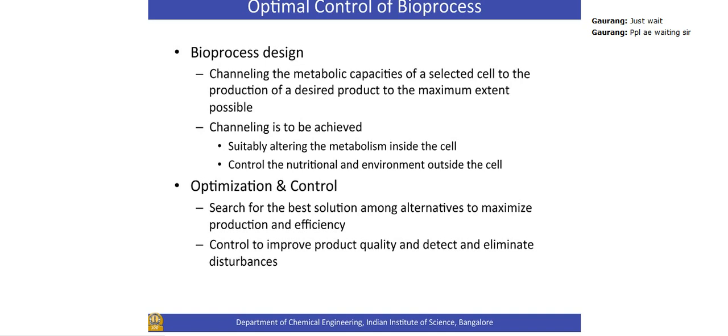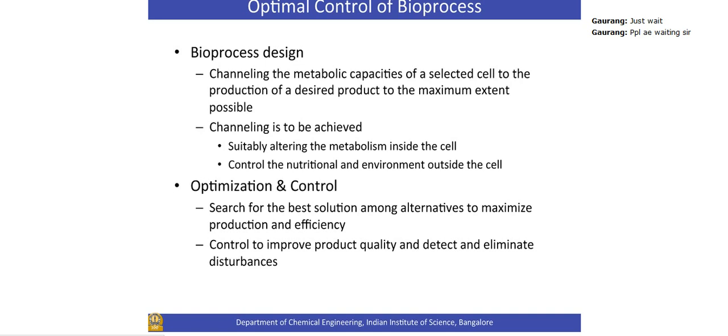So that's one way of doing it, and this has become from an art, now an precise science, because we know exactly how this metabolic network is being controlled by the information in the genome of the cell. So if we can change that genomic information, then we can alter the metabolism of the cell.